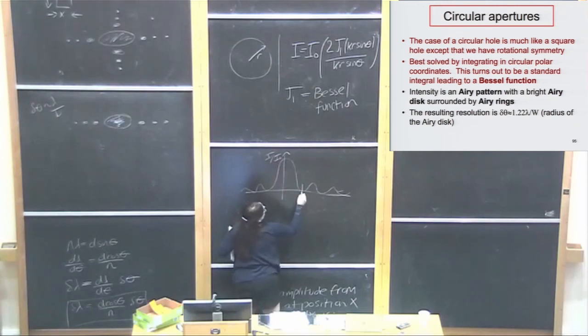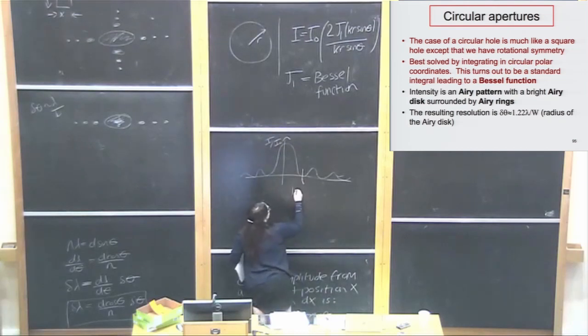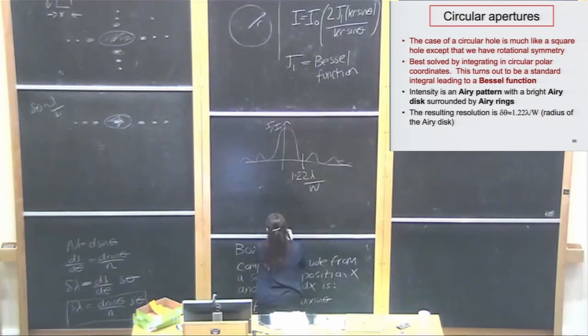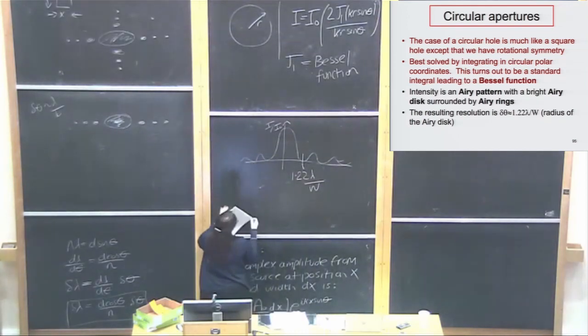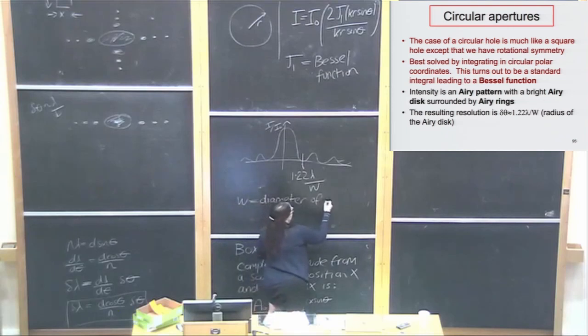The key difference is that the first minimum happens not at just lambda over b, the width of the slit, but at 1.22 lambda over w. Should I call it w, or should I call it d? Yeah, w is the diameter of your circular aperture.